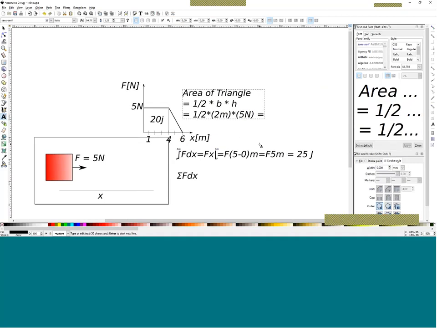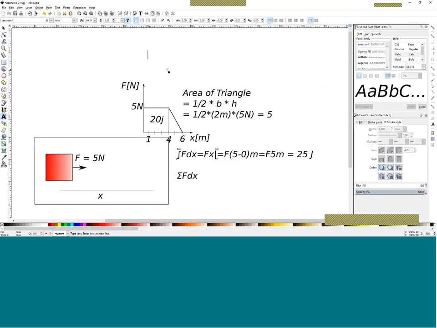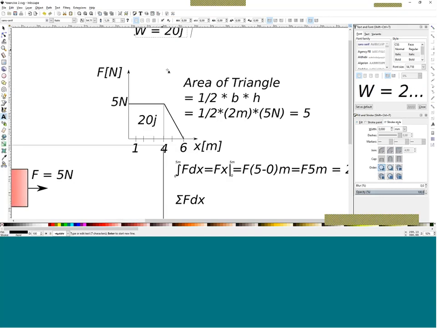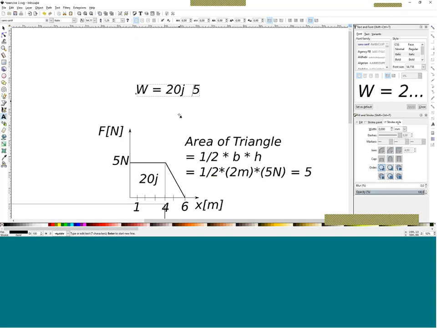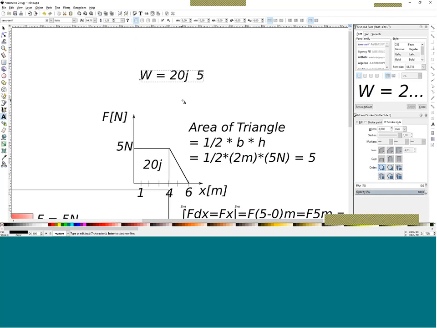That gives us 5, making the work done over this distance 20 plus 5 joules, which equals 25.